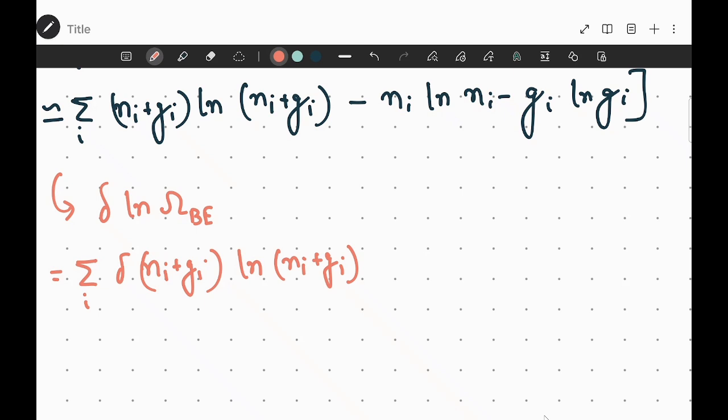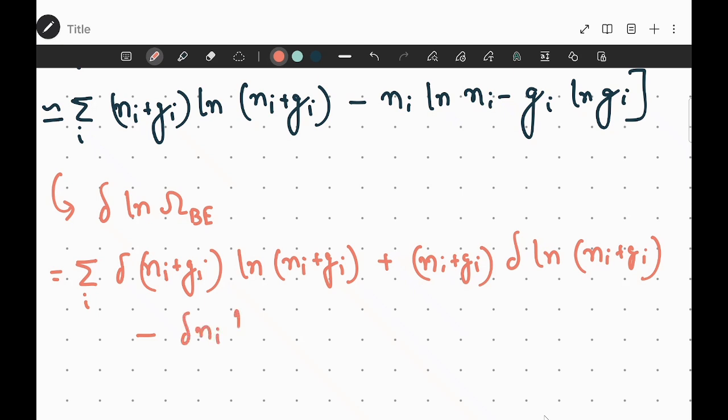One part is this, and another part is ni plus gi times delta ln of ni plus gi, the same. And next it is delta ni ln ni minus delta ln ni, the same again. Delta g will not be there, so you can ignore that g. So just these two parts will be there. g will not be considered. Okay.